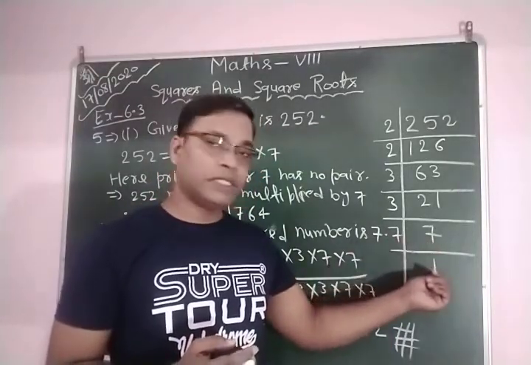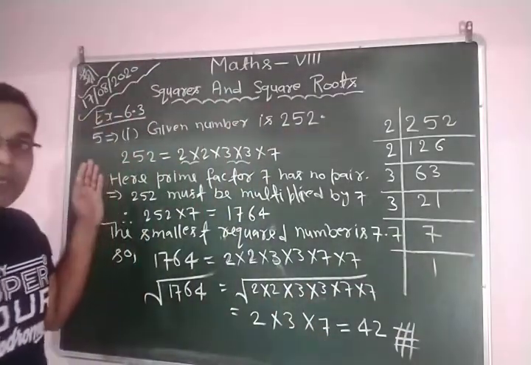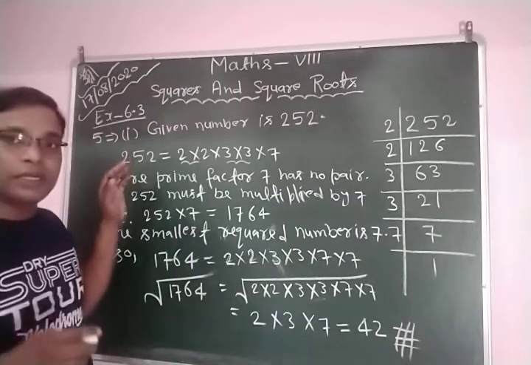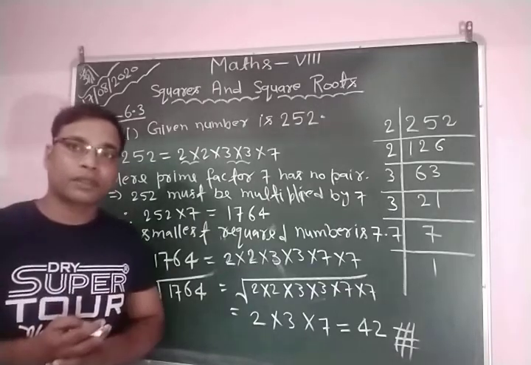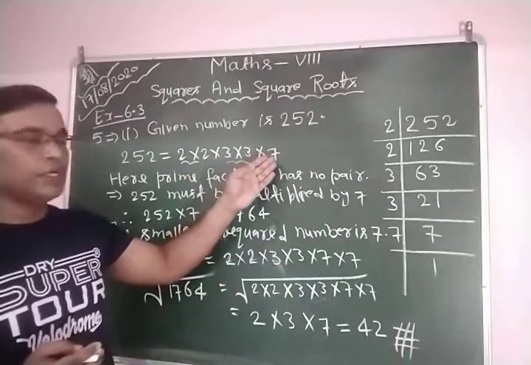Again 7 is divisible by 7. So you can write the prime factorization of 252 as 2 into 2 into 3 into 3 into 7.